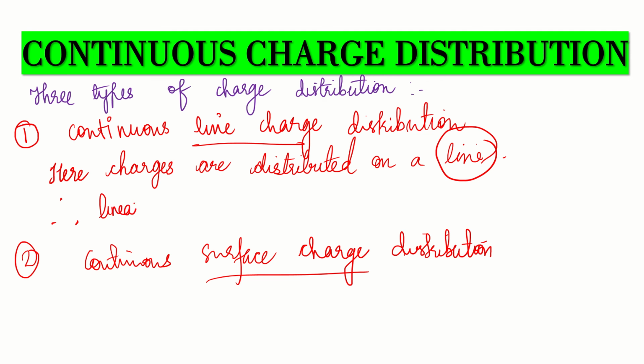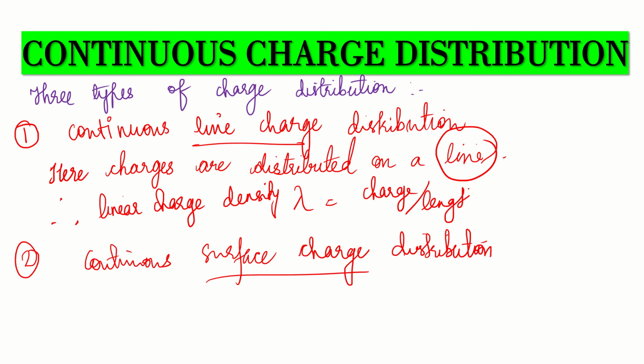So the linear charge density lambda is equal to charge by length, which is charge represented using Q, length is L. So linear charge density is equal to Q by L, and the SI unit is coulomb per meter.